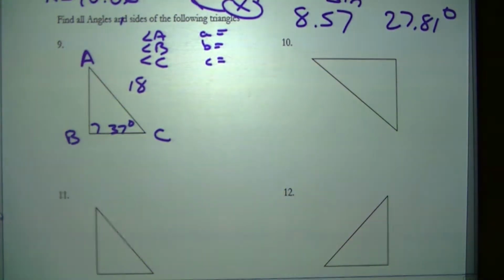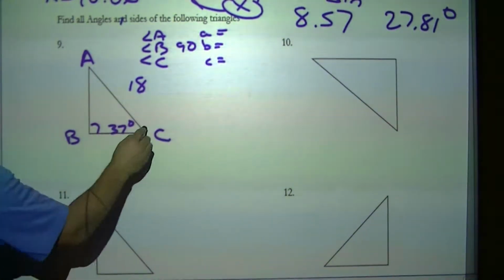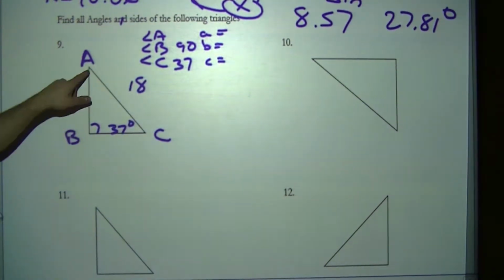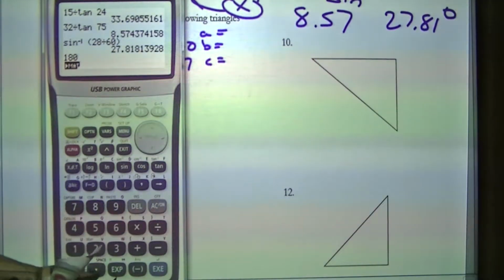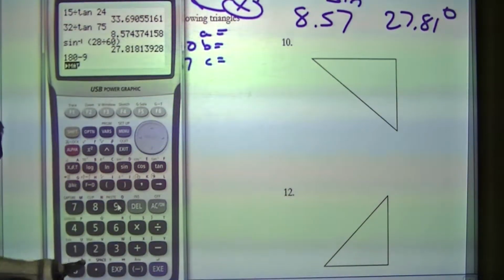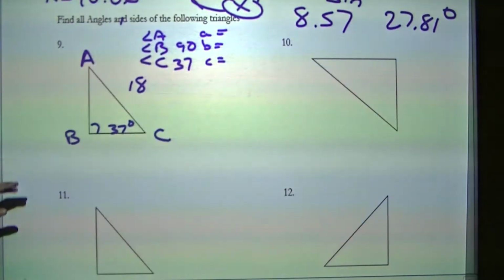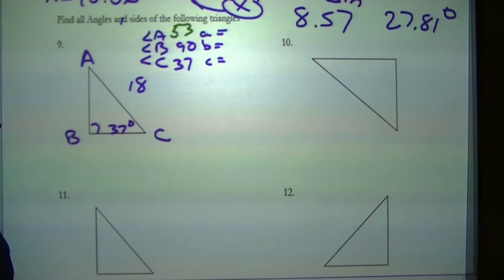I like to fill in as much as I can. For instance, B is 90, C is 37. The triangle adds up to 180, so 180 minus 90 minus 37, that last one has to be 53. I'm going to put that in green. That's what I found, 53 degrees.